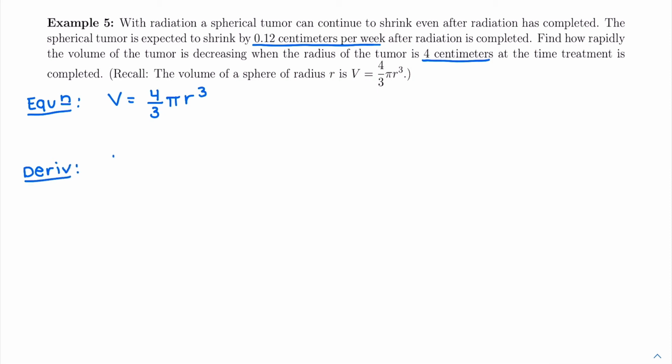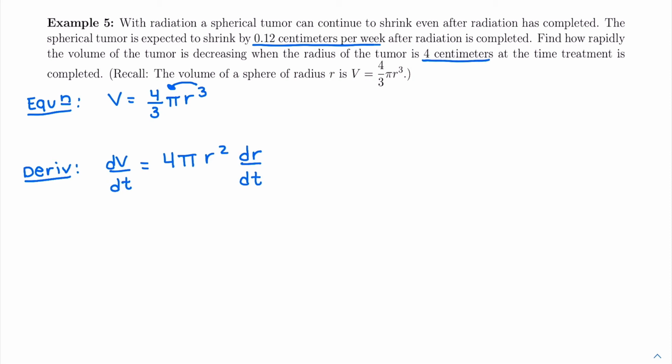Derivative of 1 V is just 1 dV/dt. On the right side, we can bring down the power 3, and we're going to get 4/3 times 3 is 4, pi r squared dr/dt. Bring down the power, subtract from the new power, and then we took the derivative of the radius with respect to time.